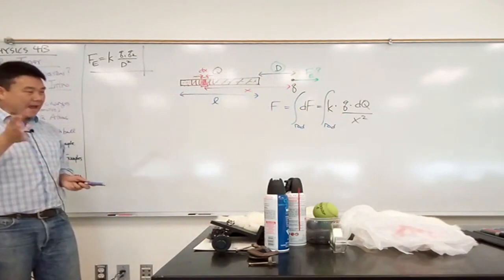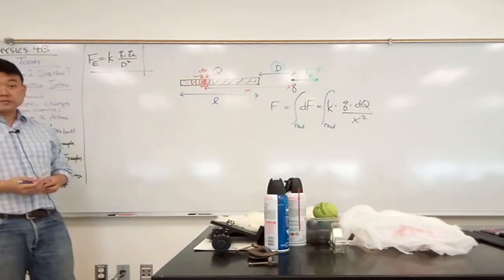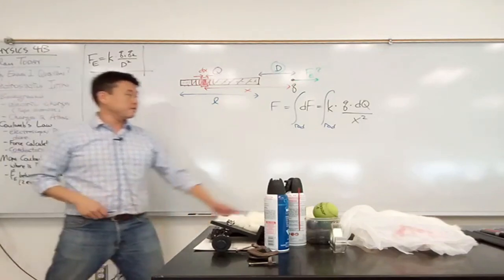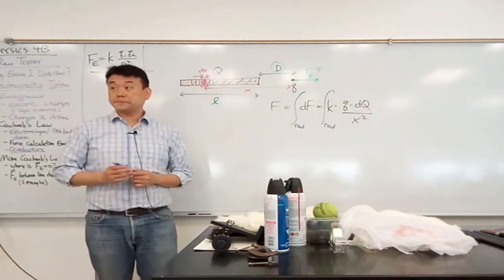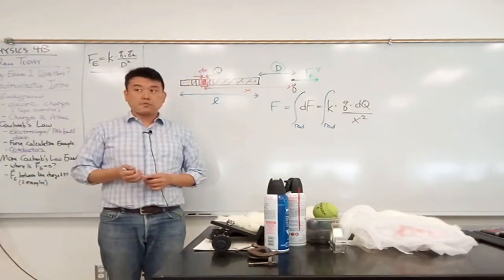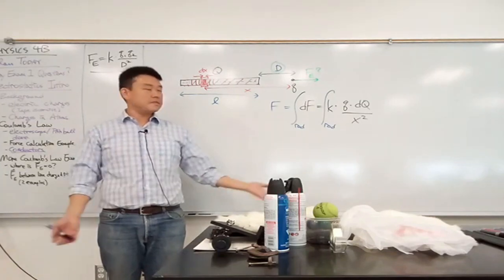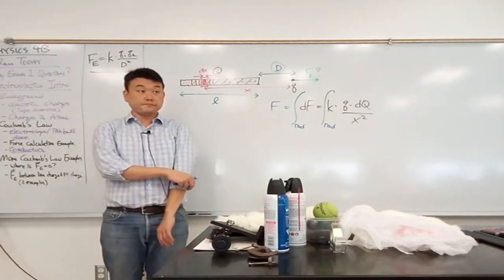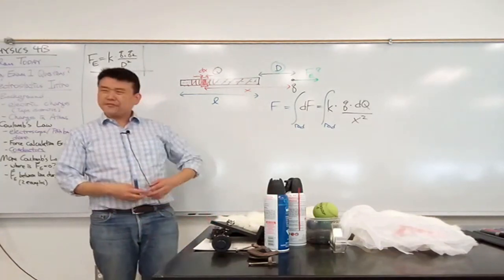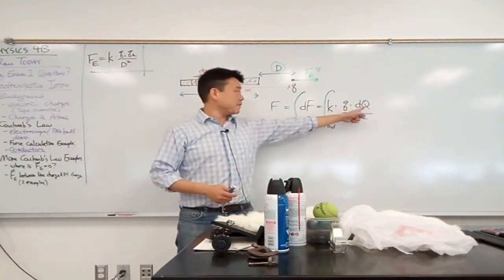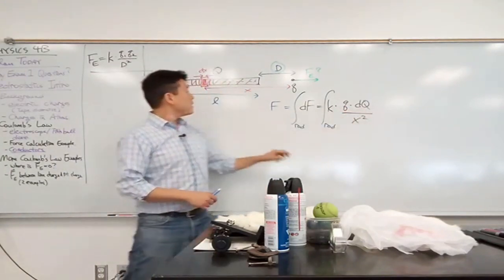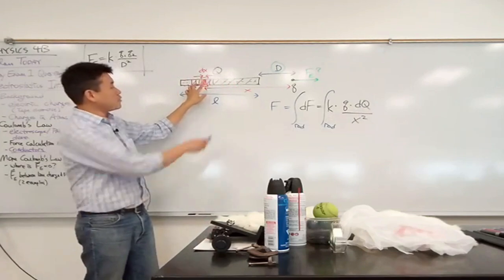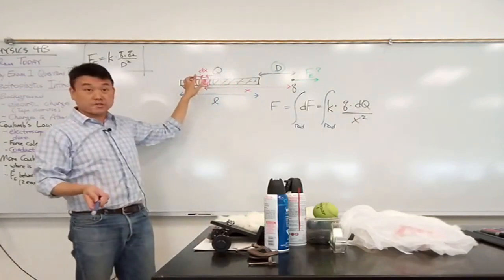There's a tiny difficulty you have to work through first. Anybody see that tiny difficulty inside of this integral? What's the variable that's changing inside the integral? Q is not really a variable. Even the big charge Q, when you look at the small segment, the amount of charge within that is not really what's changing.